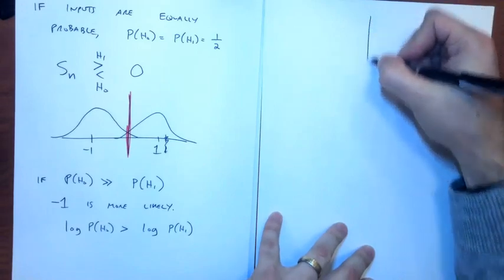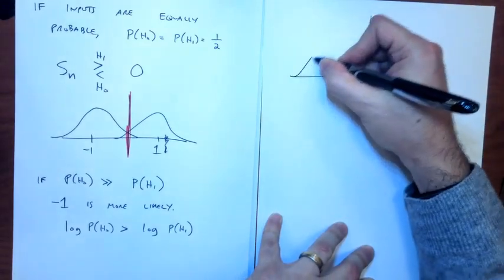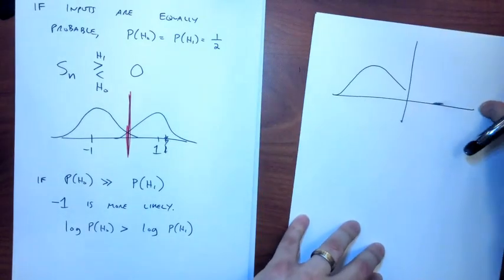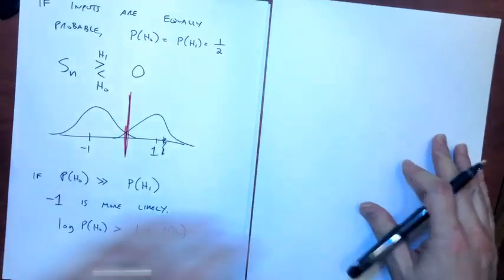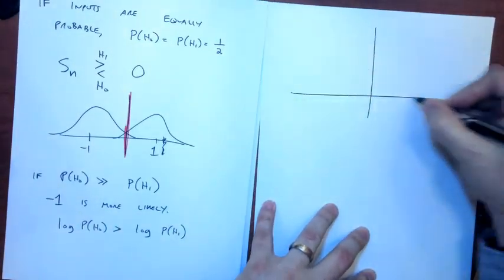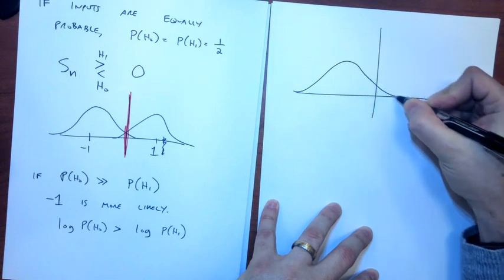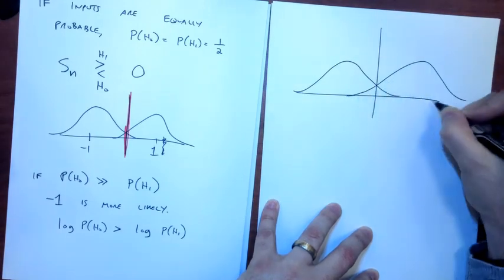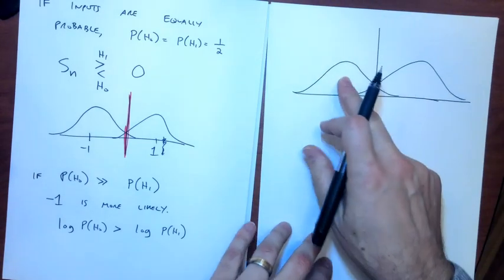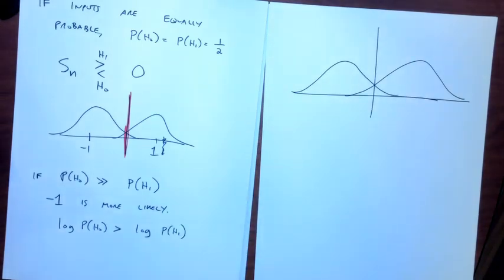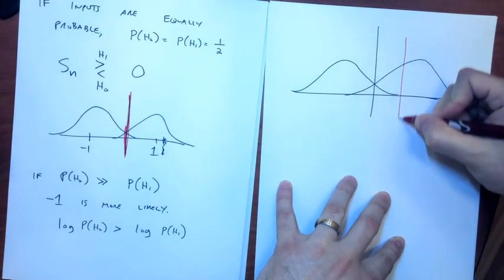So that even though, this is like a crappy drawing from the very beginning, let's throw that away. It would be more like this: here's my one distribution, here's my other distribution, but given that I think that this is so much more likely, my decision boundary could be over here, right?